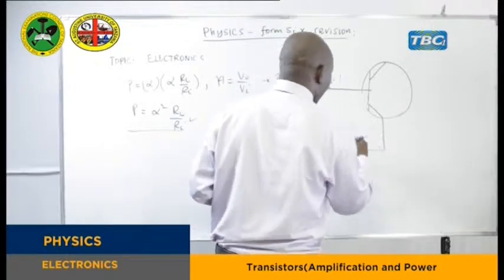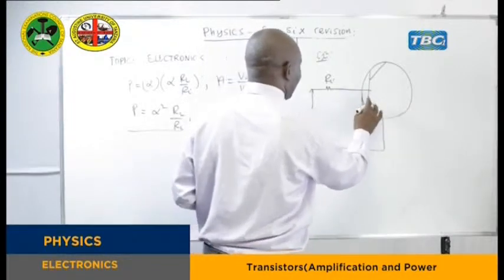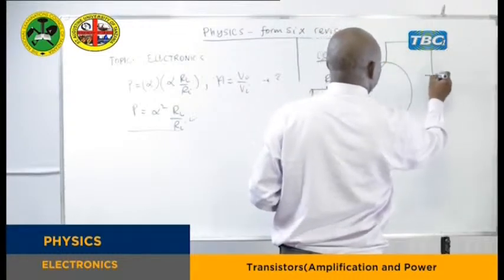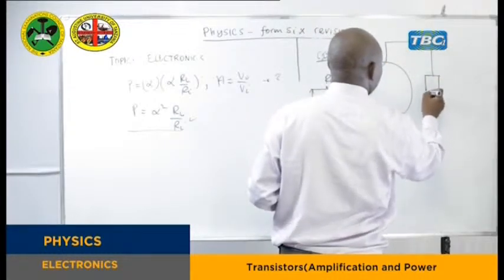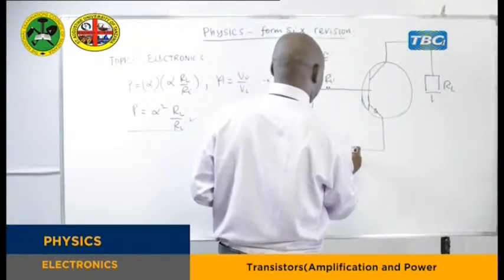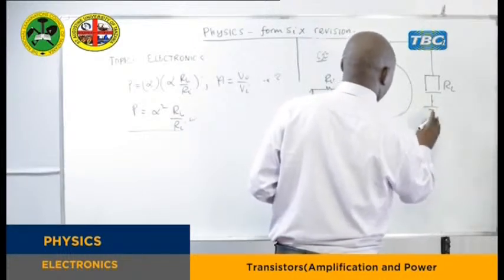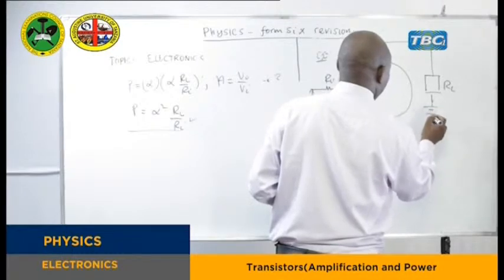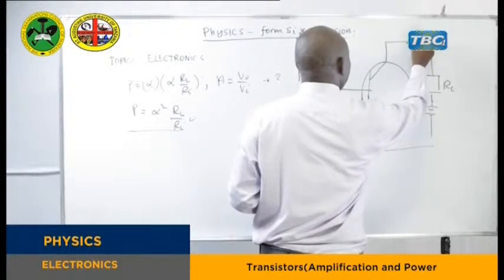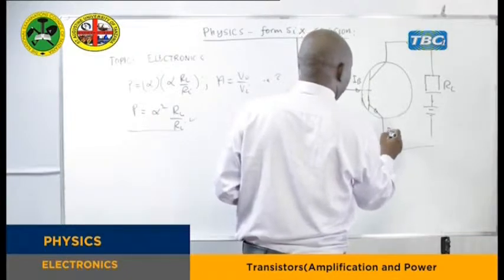Under normal application of the bias voltage, this is our load resistance applied here, and this is positive voltage. This is our IC, this is our IB, and this is our IE.